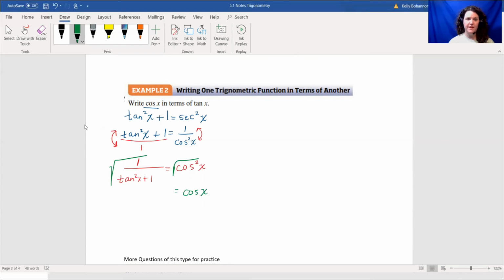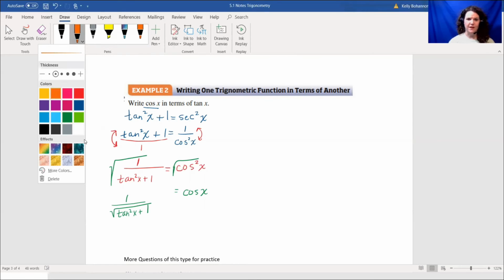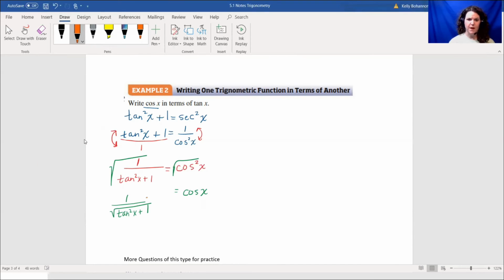The problem over here is that 1 is a perfect square, so I can have 1 over the square root of tangent squared x plus 1, but that leaves you a radical on the bottom. To get rid of a radical on the bottom, you have to rationalize: multiply both the top and the bottom by the denominator, square root of tangent squared x plus 1.